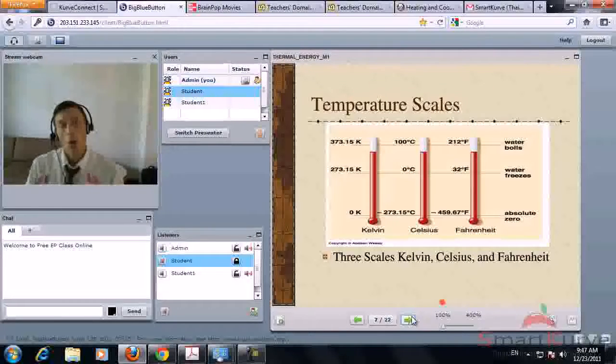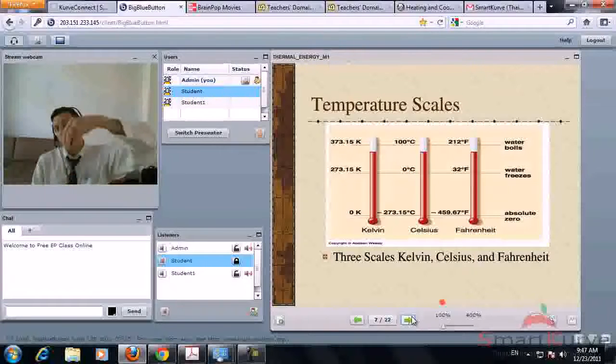So what this means is that when matter becomes hot, the molecules are farther apart, so the matter expands. It becomes larger. That liquid mercury inside the thermometer, when it becomes hot, it expands, and it expands up the glass tube.